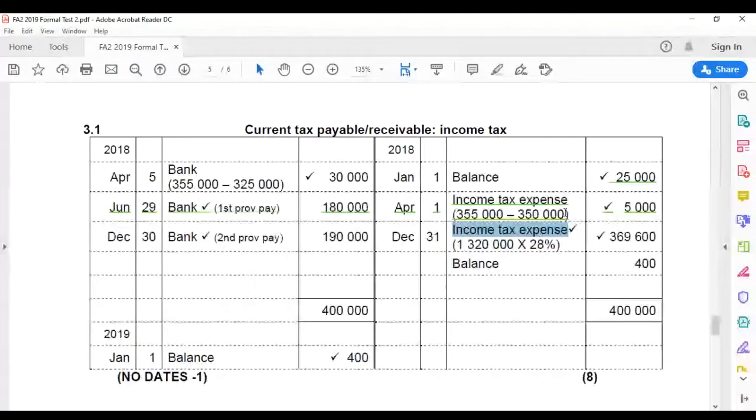No, we debited 5,000 rands once, and we've debited it there with 369,600. So how much did we debit that income tax expense with in total? We debited in total with 374,600 rands.